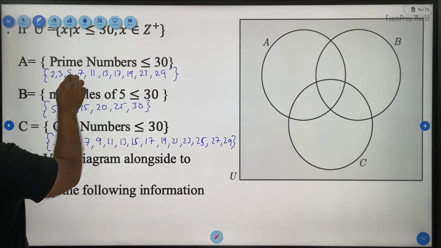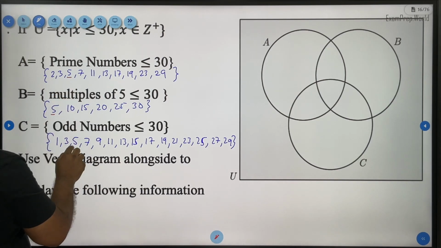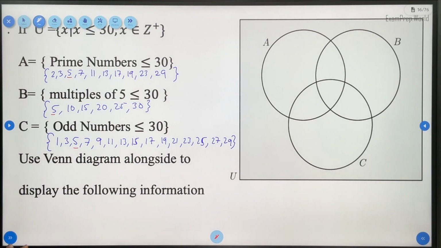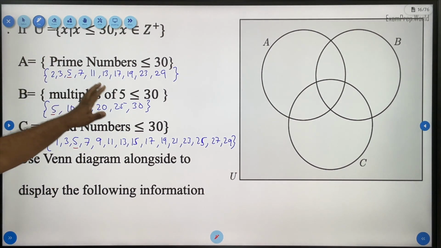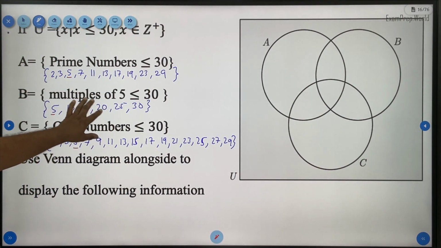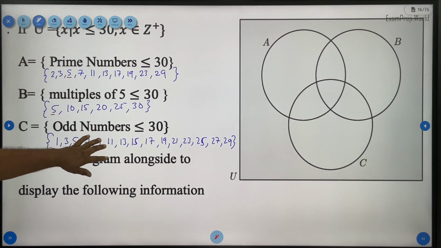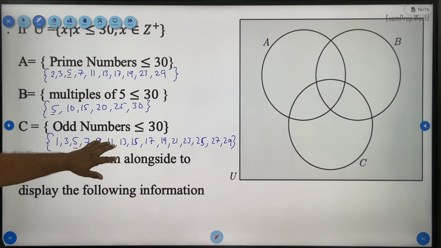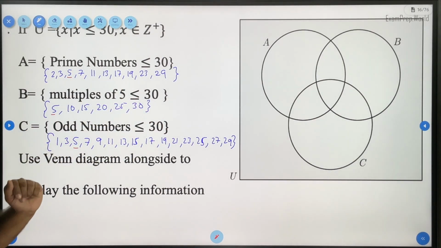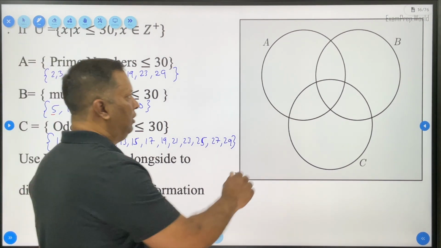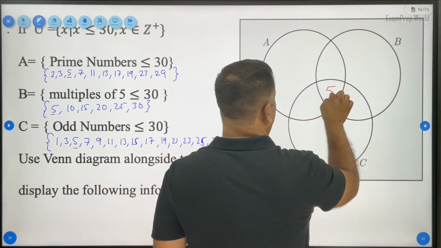See, 5, 5 and 5. Do you have something else here? No. Multiples of 5 not there, and odd numbers: 25 is here in both of them but not here. So we have only one number, which is 5.